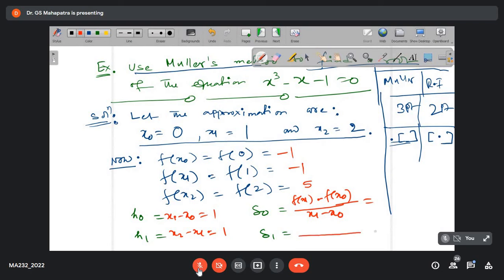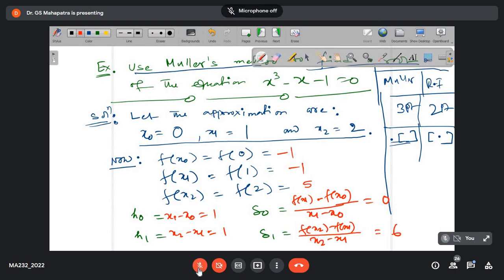And similarly, f of x2 minus f of x1 divided by x2 minus x1. Tell me the answer. Del naught is 0, and del 1 is 6.